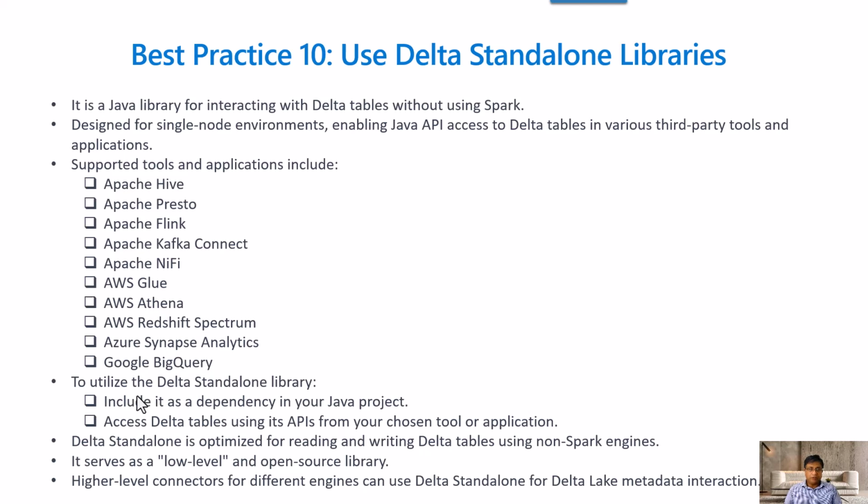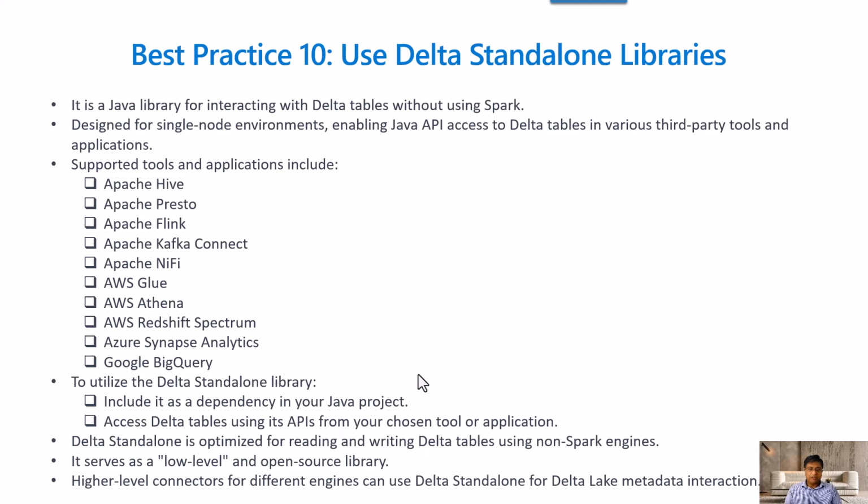What is the advantage of using this library? Because the Delta Standalone library is very much optimized. It is a core part of the implementation, and it is optimized for reading and writing to the Delta table if you are using non-Spark engines.